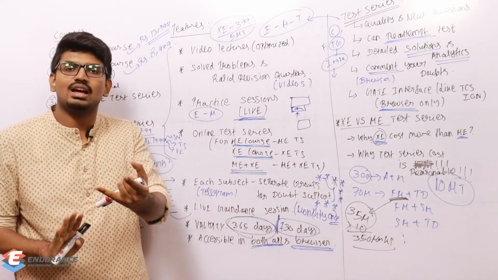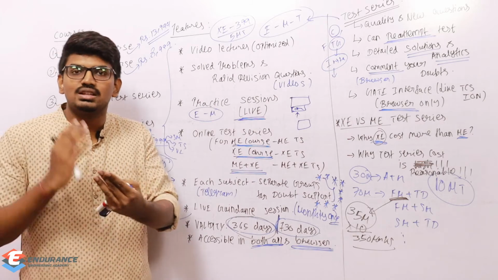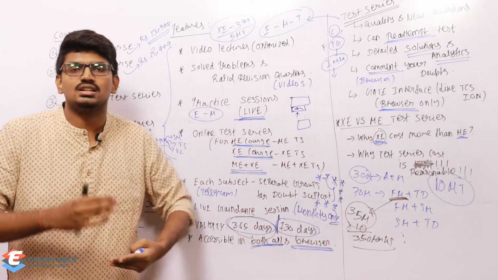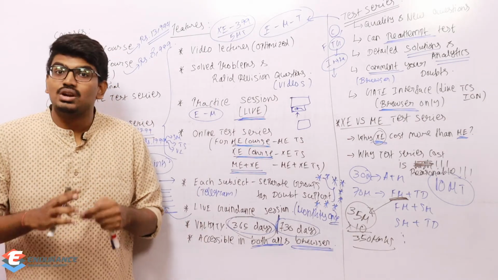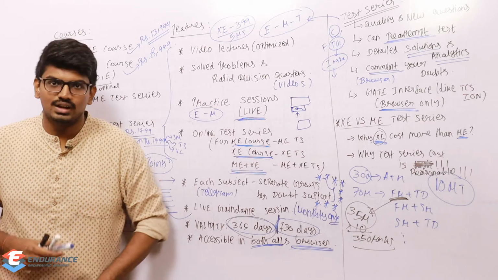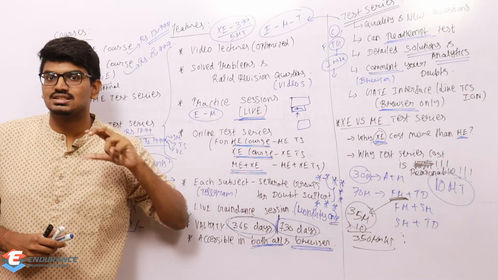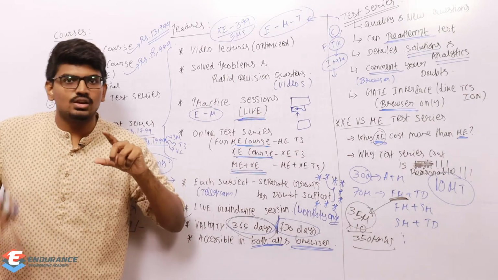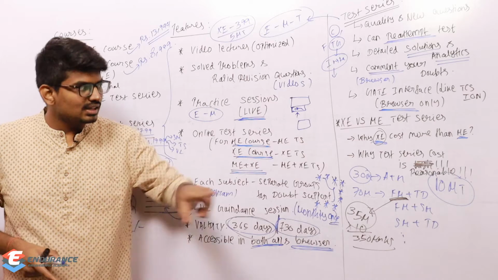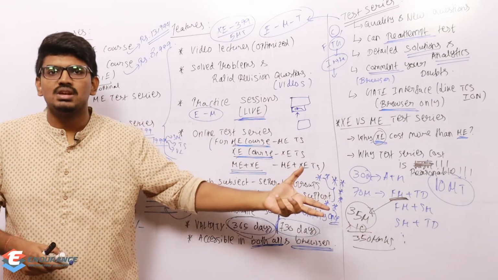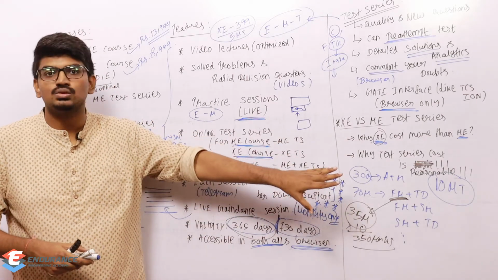The maths has to be at a higher level. Aptitude is fine, but 35 marks each of solid mechanics, fluid mechanics and thermodynamics is not that easy to frame. So framing 10 mock tests is more difficult than working on a complete ME test series. That is why the EXE test series is costlier than ME, and it will be costlier. The price won't be revised.